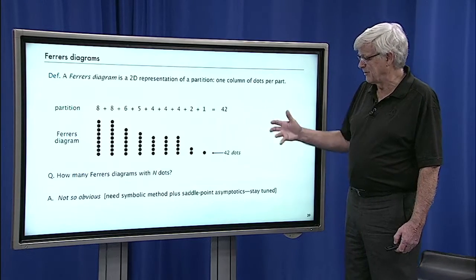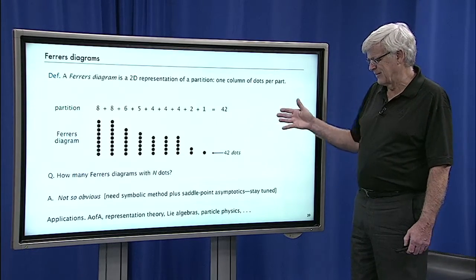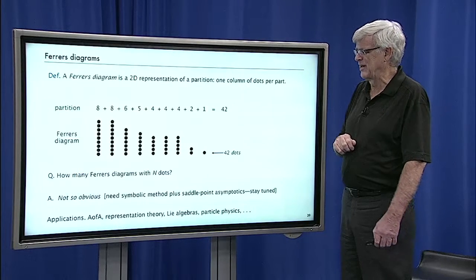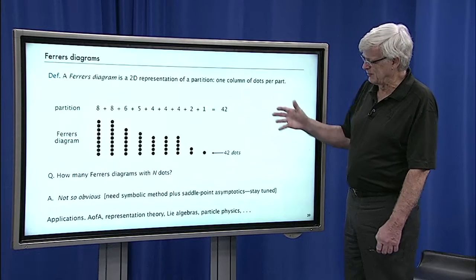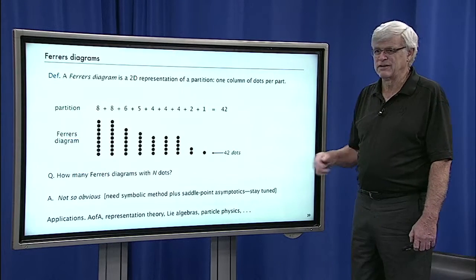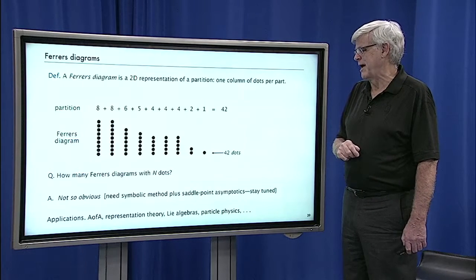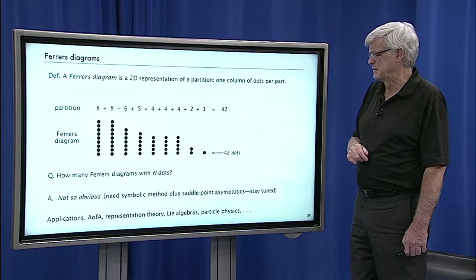And not only that, there's lots of applications where people want to study these things, not just analysis of algorithms, but particle physics, and it's related to Lie algebras and representation theory. So you can find these objects studied in physics journals, not just math and computer science journals.